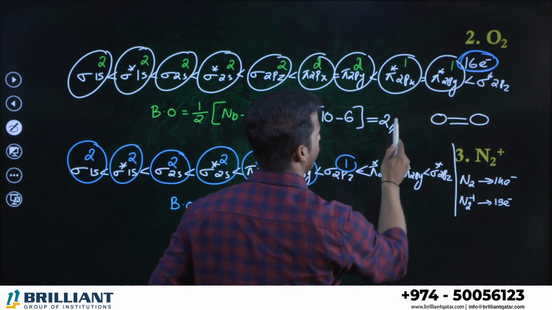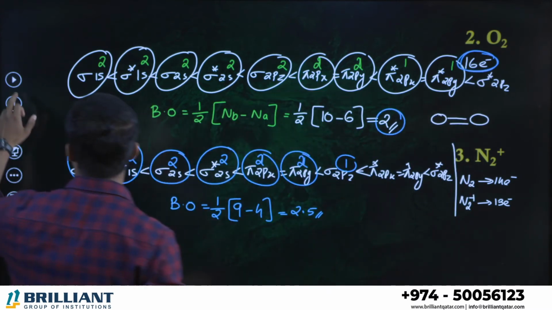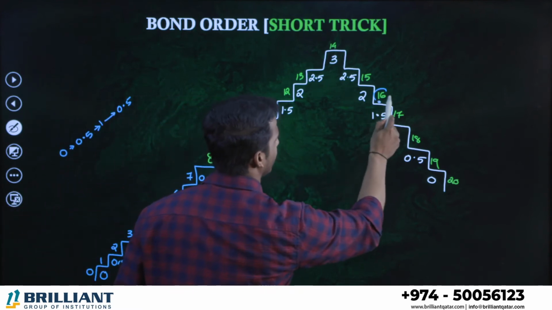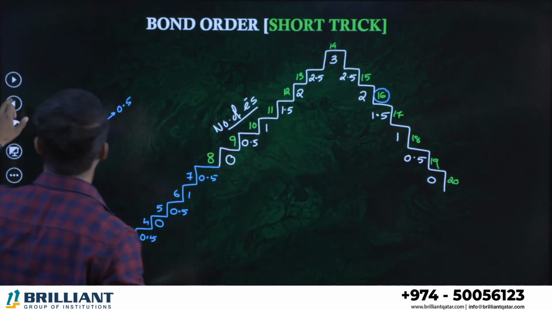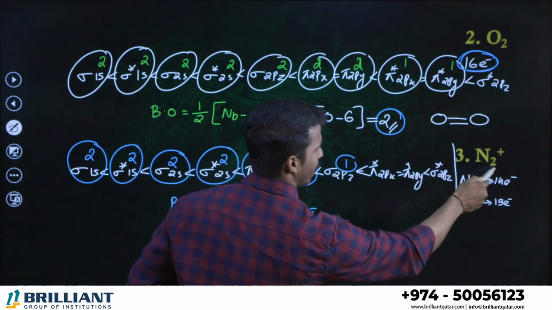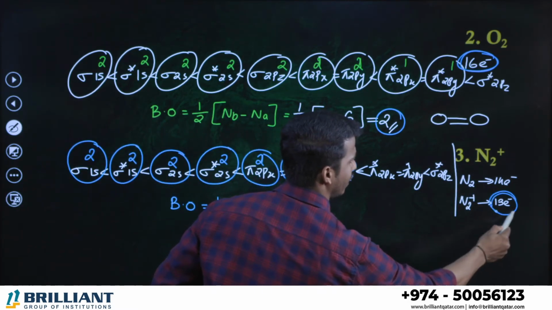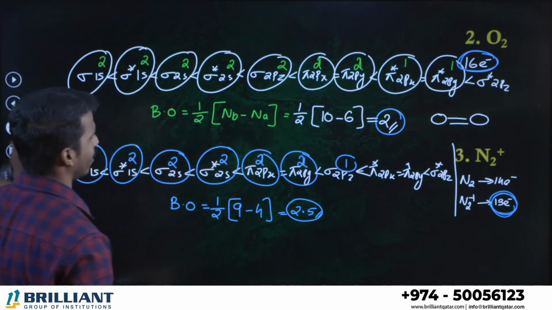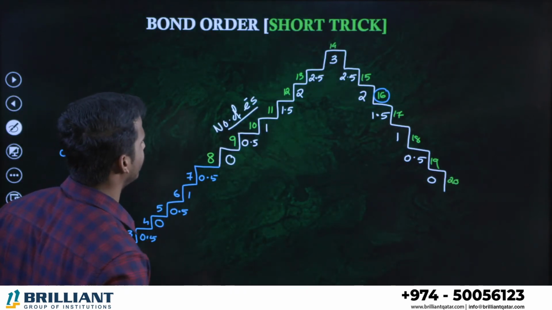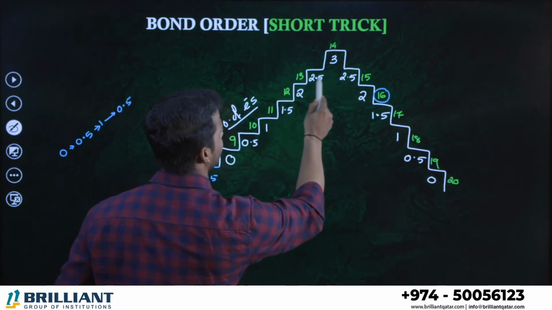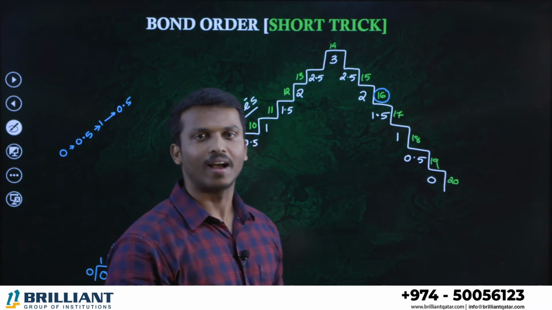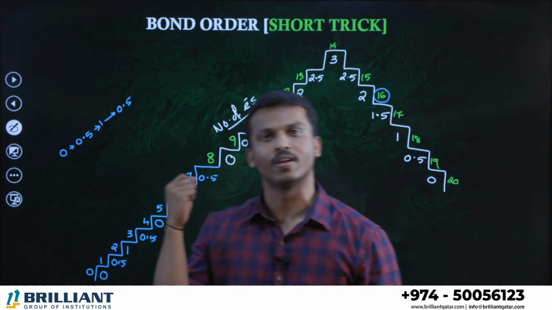For 16 electrons, what bond order did we calculate? 2. Let us check it. Where is 16 electron? Yes, 16 electrons. The bond order is 2. Then N2 plus, how many electrons did we say? 13 electrons. For 13 electrons, what is the bond order? 2.5. Let's check it. Where is that? 13 electrons. Yes, the bond order is 2.5. So by using this data, you can answer bond order questions so fast.